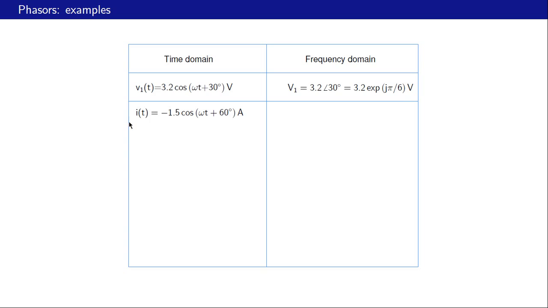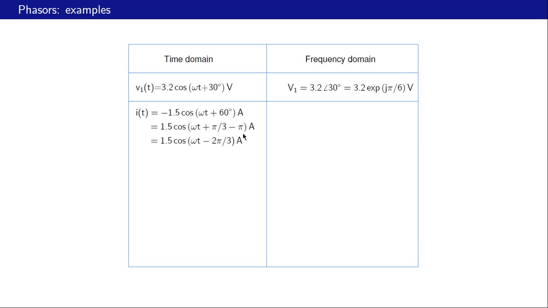Another example, I of t is minus 1.5 cos (omega t plus 60 degrees). Now it is not quite in the form that we would like, because we have this minus sign over here. So let us rewrite this expression as 1.5 cos (omega t plus pi by 3, that is 60 degrees, minus pi).